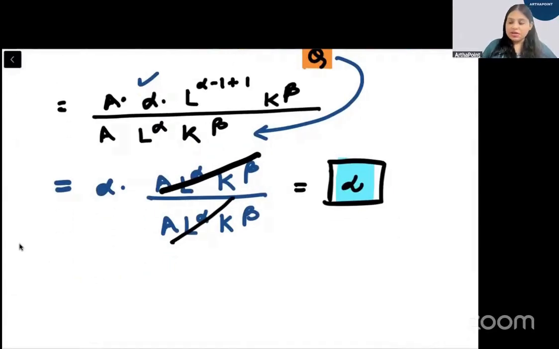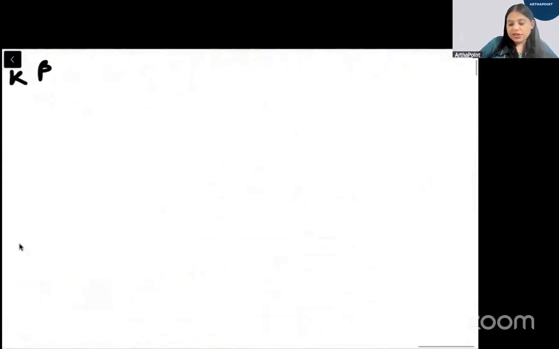इसका क्या मतलब है? Suppose in the exam, you are given this production function that Q is equal to A L to the power half K to the power half.